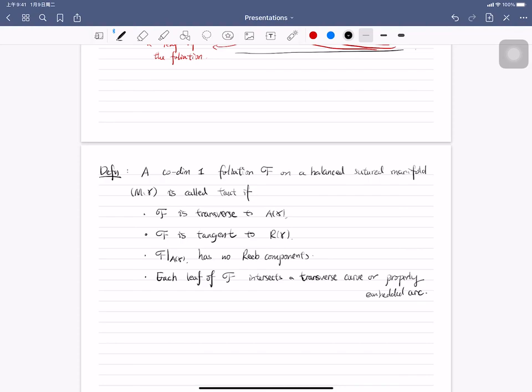So what is this Reeb component? Well, A of gamma is an annulus, and the Reeb component is something that looks like this.